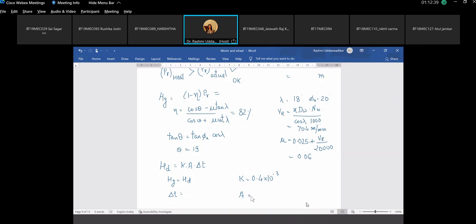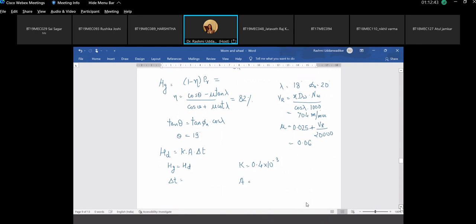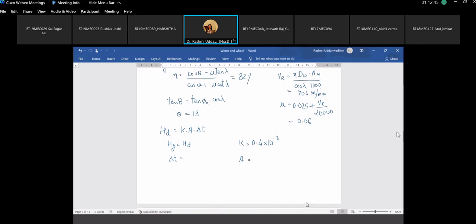The projected area responsible for heat dissipation is this area. This is the worm and this is the wheel. This is the length of the worm given in the data book, this is the diameter of the worm, and this is dg.